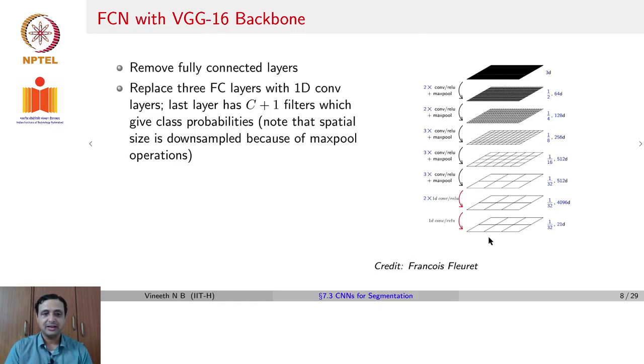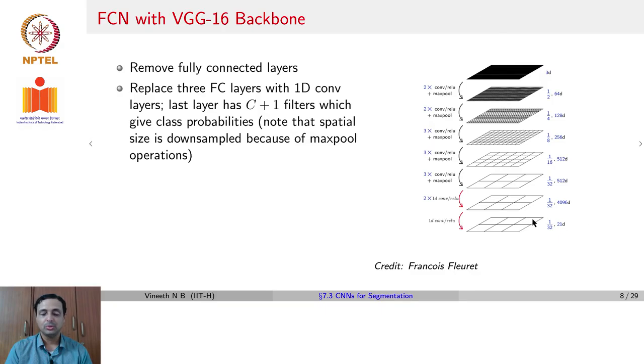The three FC layers are replaced with 1D convolutional layers, and the last 1D convolutional layer has C+1 filters. You can see here the last one has 21-dimensional filters. This was applied on a data set that had 20 classes, so it was 21-dimensional.